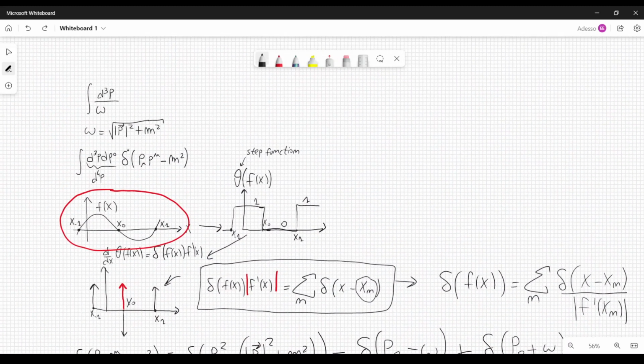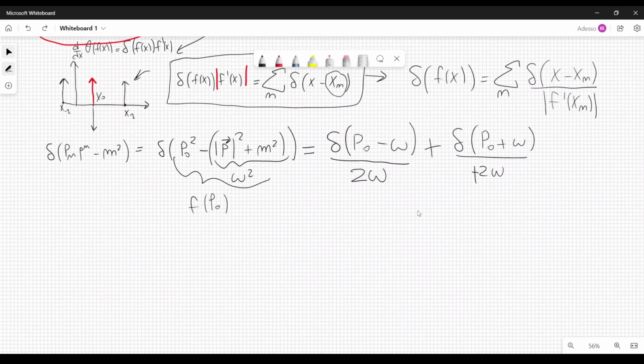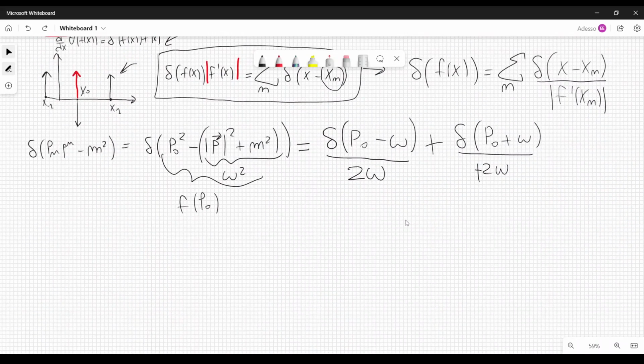over p0, because you can see that we can integrate over p0, over p1, over p2, over p3, but we are going to integrate over p0, and we are going to integrate from minus infinity to plus infinity.